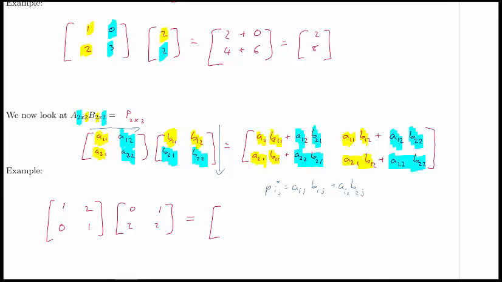Alright, and let's multiply this through again. We go this way in the first matrix, down on the second. So 1 gets multiplied by 0, 2 gets multiplied by 2, and so we end up with 0 plus 4.